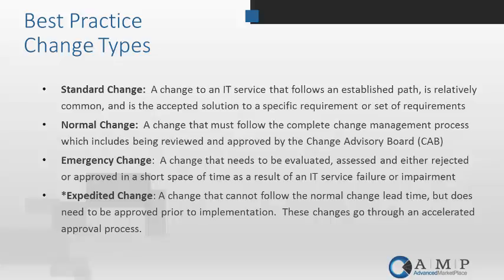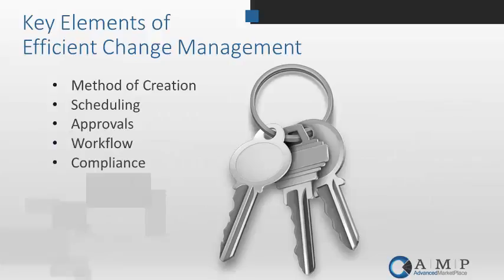Okay. Some key elements, basically, when we're talking about change management, these are things that before you begin your implementation, you really need to start thinking through and have some sort of idea of what you're wanting to do. First is the method of creation. You always have that manual process of creating change records, but there are so many other things that could initiate a change record.